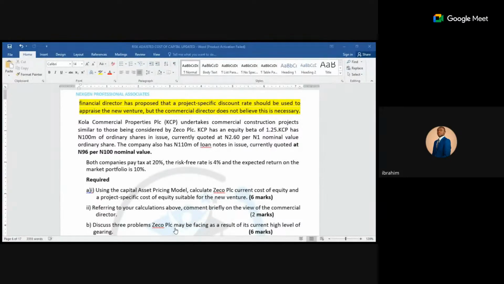They are overstating the project because it does not actually include the risk, which is the systematic risk. However, the view of the commercial director is wrong because in embarking on a new project, there should be a project-specific cost that will be used to discount the project.